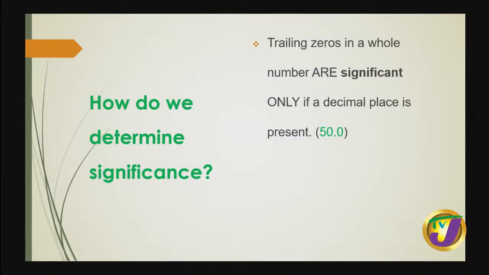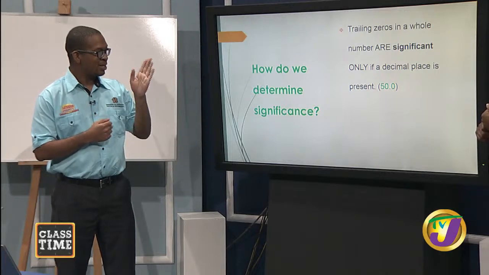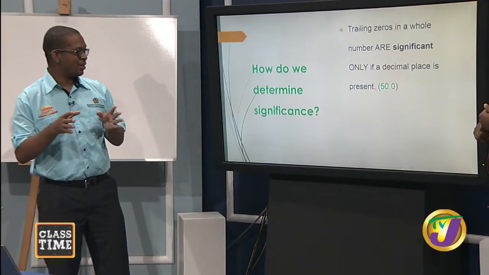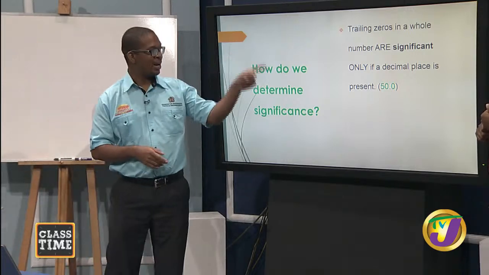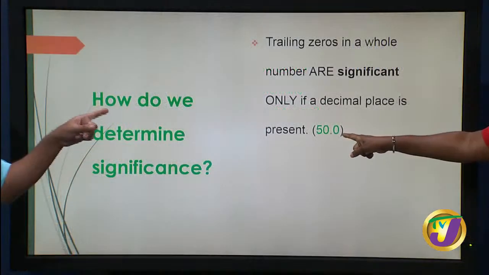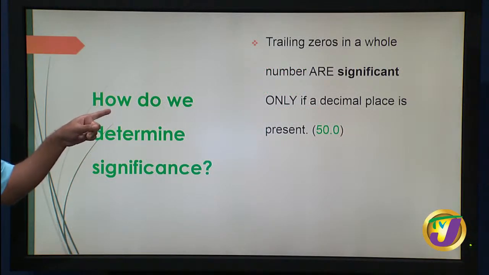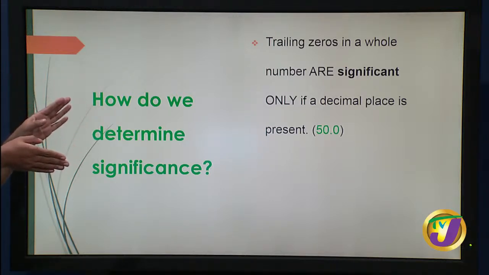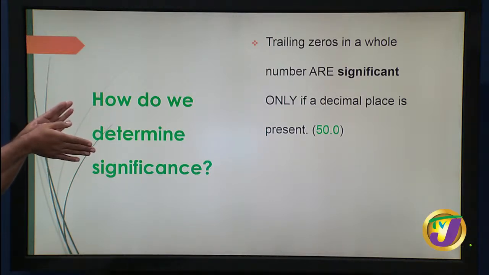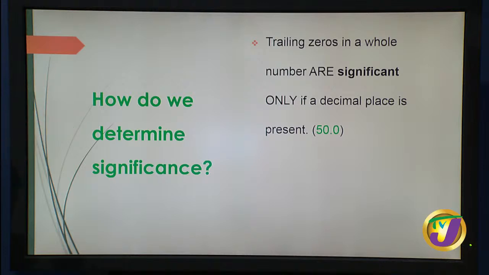In order to show that this number is to the nearest tenth, and to preserve the value of that tenth place, I would need that digit there. That zero right here? Yes. As opposed to just writing 50, which would not be to the nearest tenth. It would be to the nearest whole number. So we're seeing preserving the place value as the main function of that zero. Good.